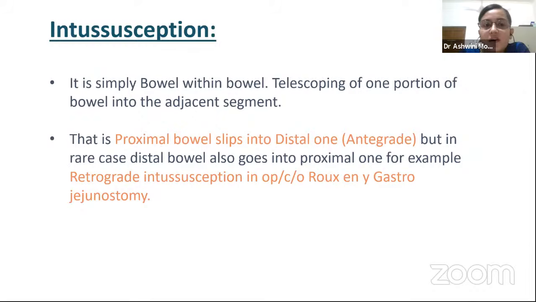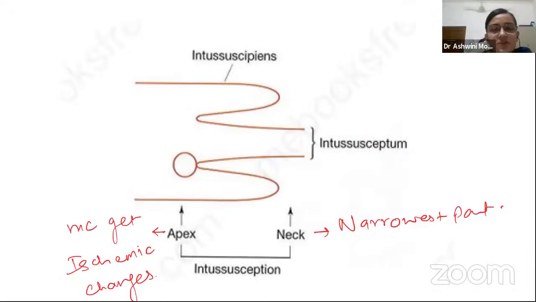Here, this is the intussusception. This is the part of intussusception. There are three parts. That is the intussuscipient, which will receive this intussusceptum part, right? And this is the neck of intussusception. This is the apex, where the most common ischemic changes will be seen, where the bowel is going inside.